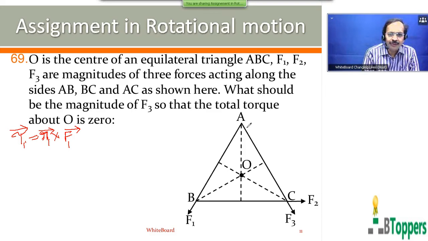Now the distance from O to A is the same as the distance from O to B, which is the same as the distance from O to C. In order to know the R1 bar, we can write it as OB bar.